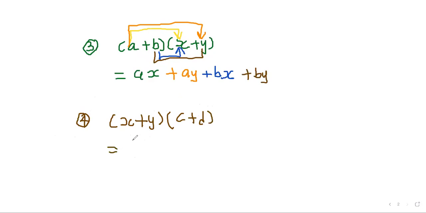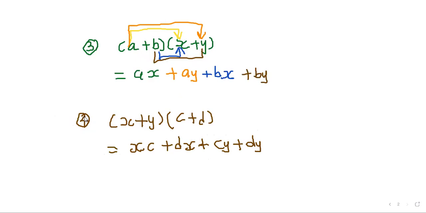We're going to say x times c, that is xc. Then x times positive d, that's positive dx. Then positive y times c, that's positive cy. Then positive times positive is positive, so y times d is dy. That's what you're going to get.